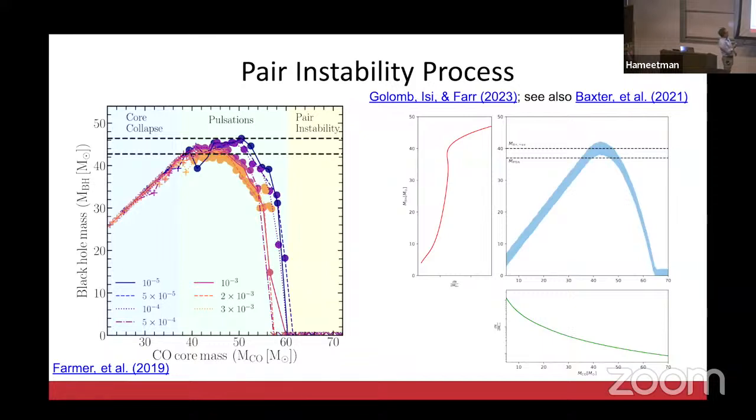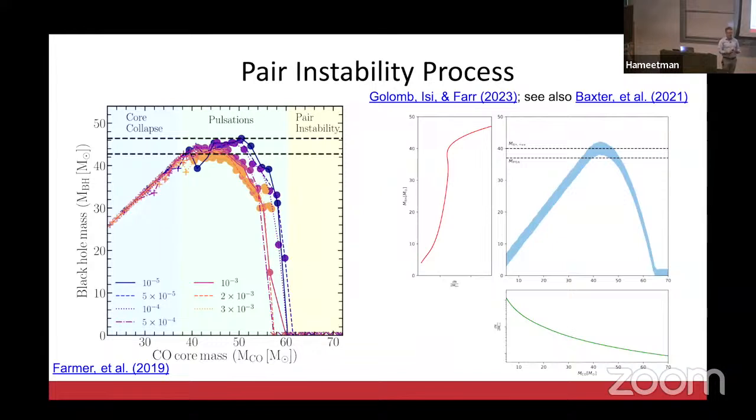At some point, though, that relationship softens. What's happening at this transition is that as the core gets more massive, its central pressure and temperature rise. And right around here in these models, the central temperature is getting within spitting distance of 511 keV. So the photons that are providing radiation pressure support to the core, the very high energy tail of their thermal distribution, is able to pair produce.